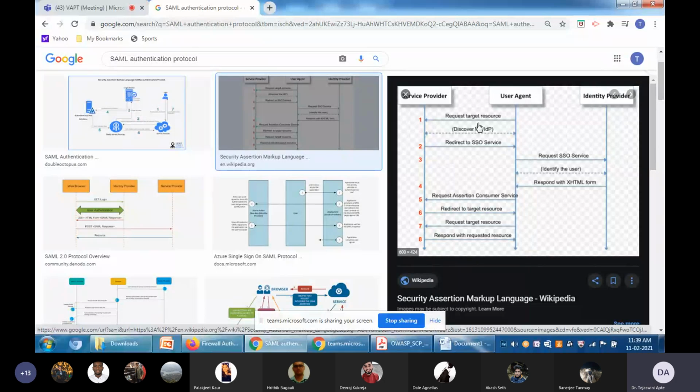Have you gone through that? REST architecture and SOAP? Yeah, ma'am. So can anyone tell me the difference between REST and SOAP?